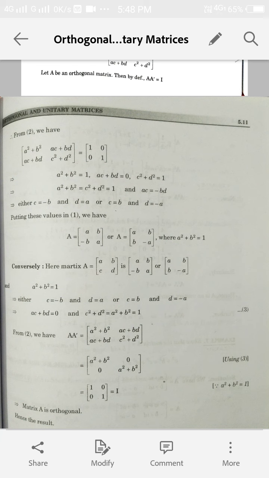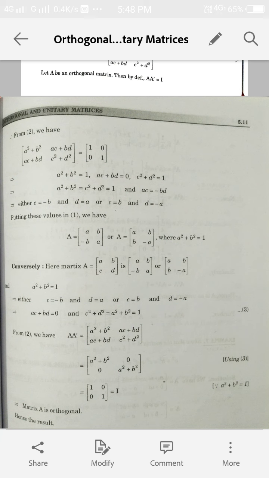Again ac plus bd will be 0, a square plus b square is equal to c square plus d square equal to 1. Now find A into A transpose and put these values in this, and we are left with an identity matrix. So from here we can say that matrix A is orthogonal, and that we are to prove.